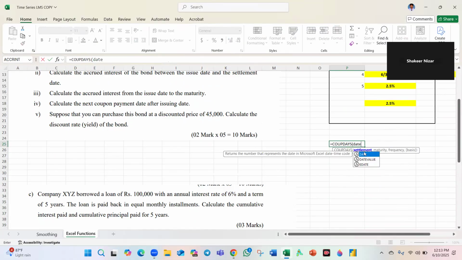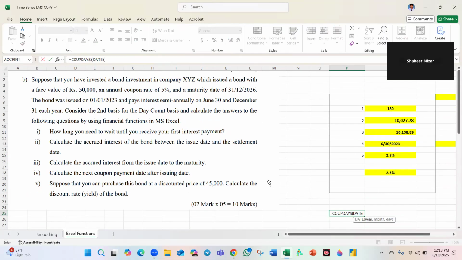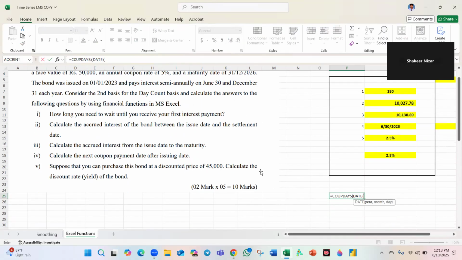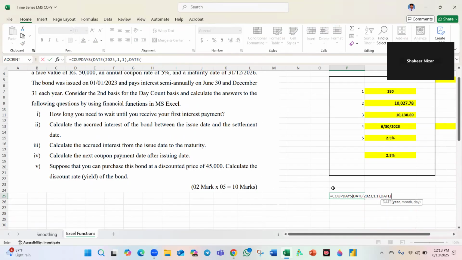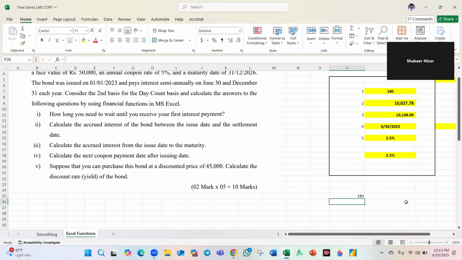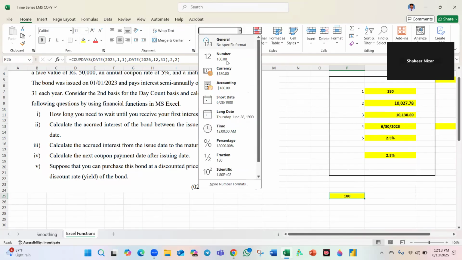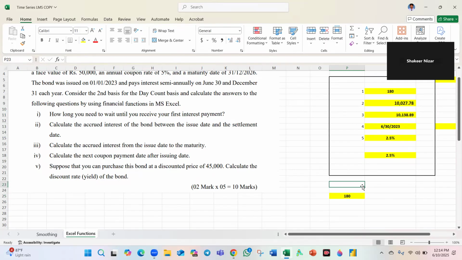You need to give the dates in the syntax. The settlement date is the issue date, that is 2022 January 1st, and the maturity date is 2026 December 31st. The frequency is semi-annual, and the basis is 2. The examiner is saying to use 2. That is approximately 180 days.